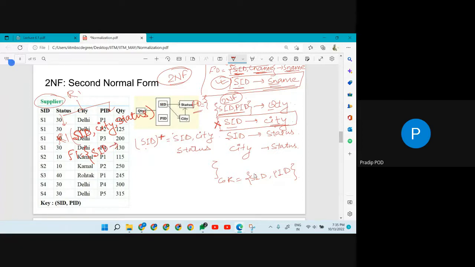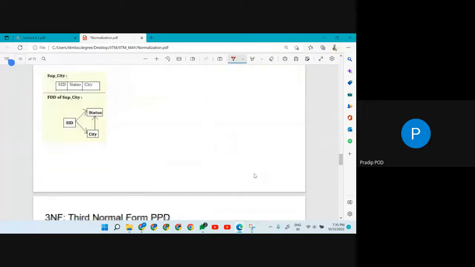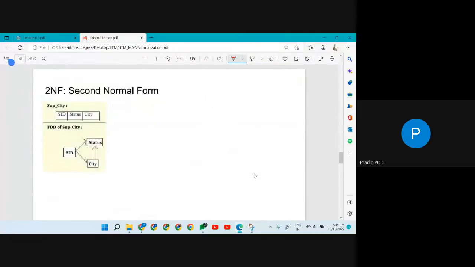Okay, let me write it on a clear sheet. So you decompose R into R1.